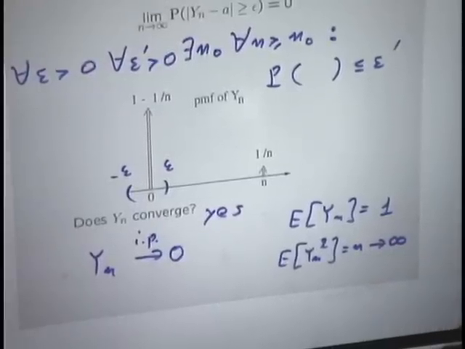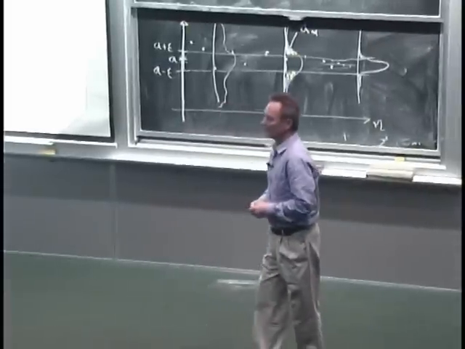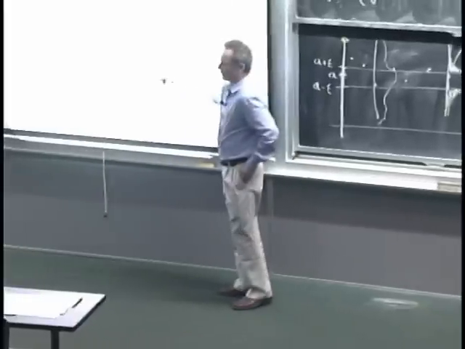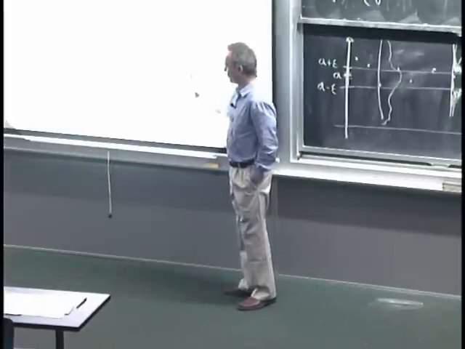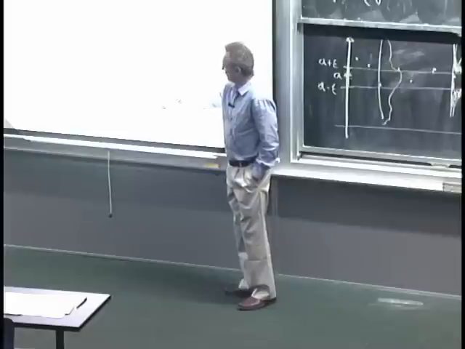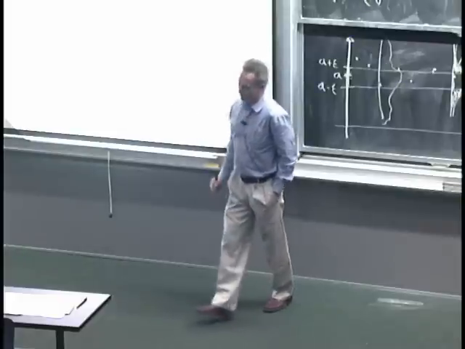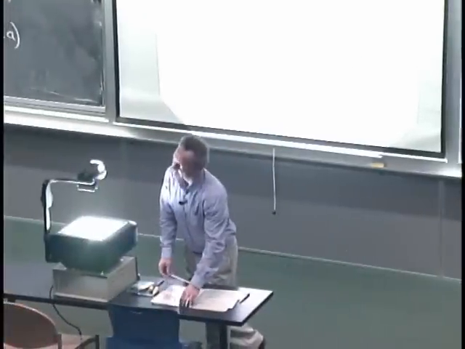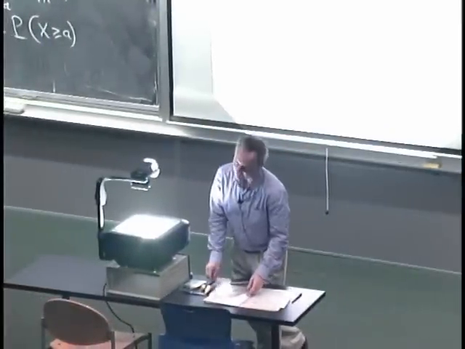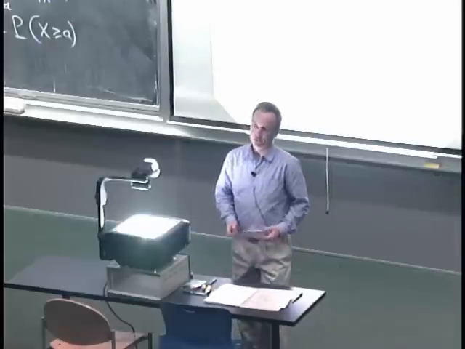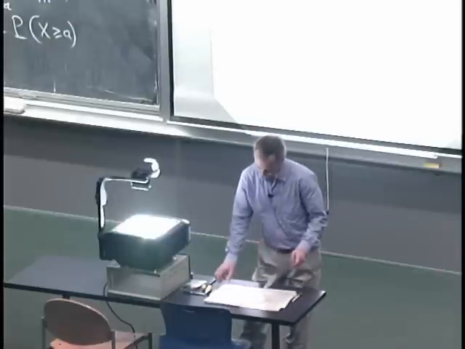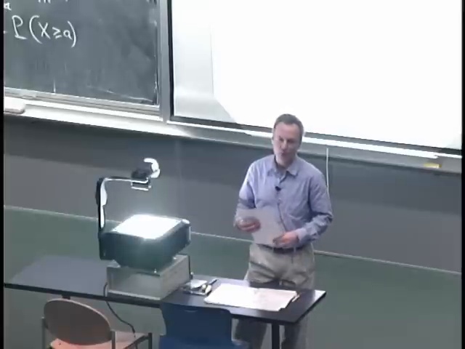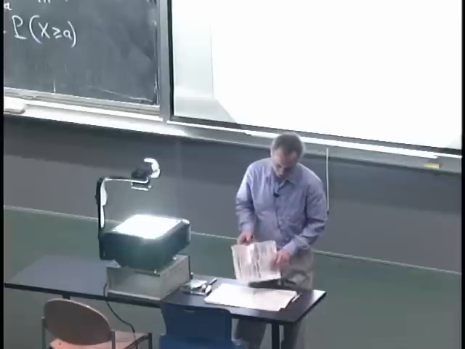So we have this perhaps strange situation where a random variable goes to 0, but the expected value of this random variable does not go to 0, and the second moment of that random variable actually goes to infinity. So this tells us that convergence in probability tells you something, but it doesn't tell you the whole story. Convergence to 0 of a random variable doesn't imply anything about convergence of expected values or of variances and so on.